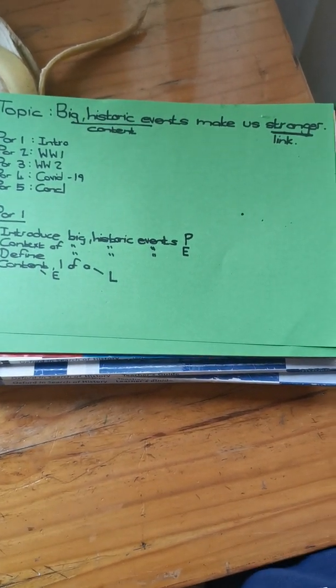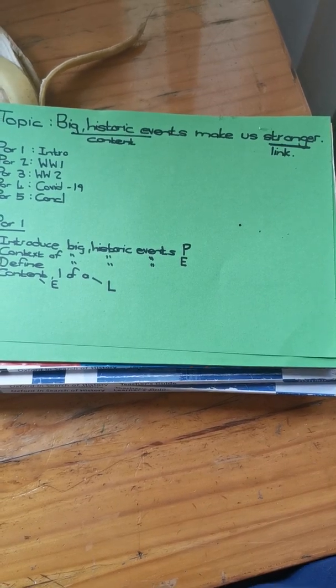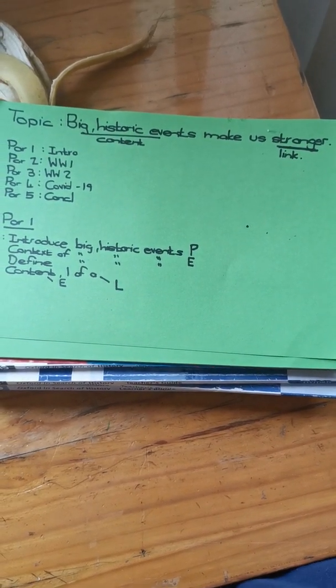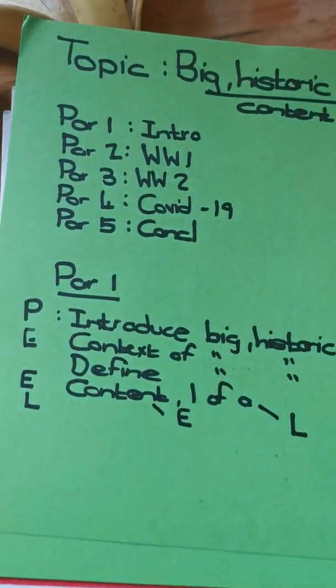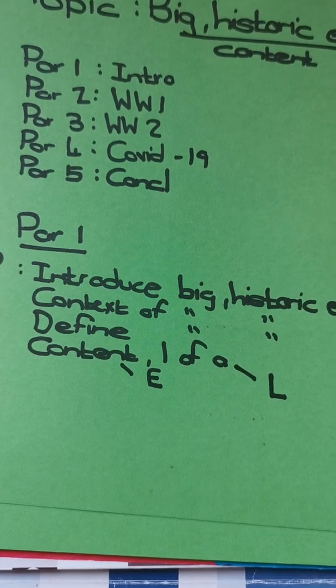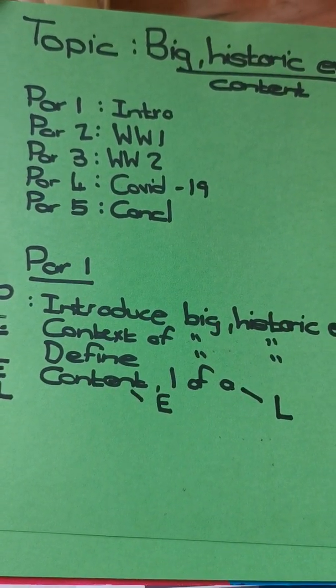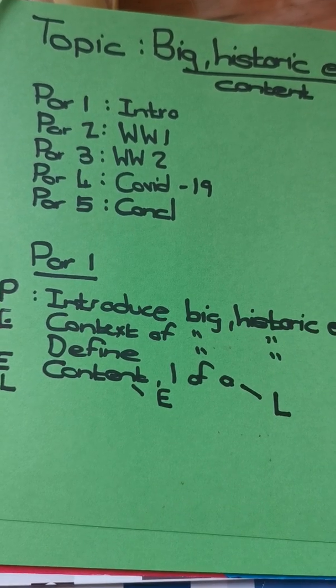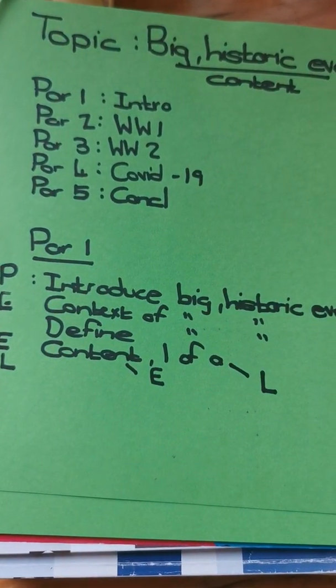So we're going to be arguing using the content, historic events, that it makes us stronger. So the content and the line of argument. Now let's say this is what we'd learned. We learned paragraph 1, introduction, paragraph 2, World War I, paragraph 3, World War II, paragraph 4, COVID-19, and paragraph 5, conclusion. It's quite a short essay because our paragraphs are normally 7, 8, 9.